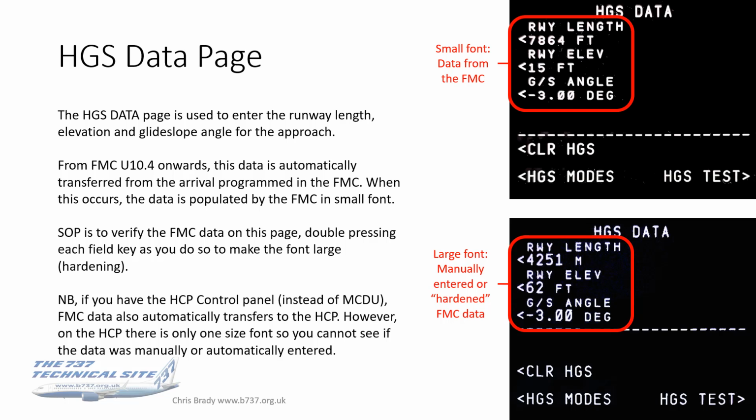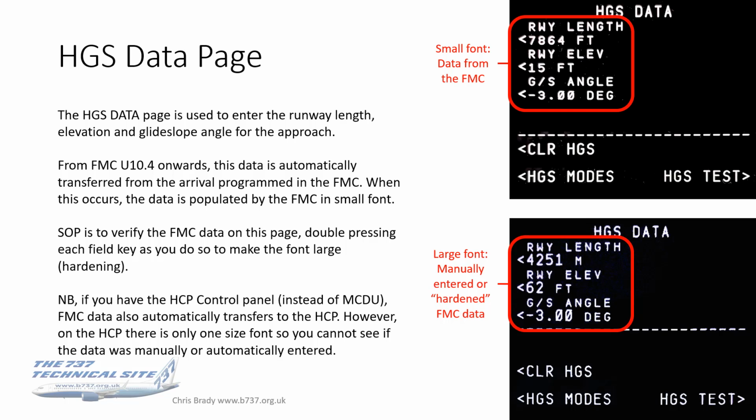From FMC update 10.4, the data was automatically populated from the arrival which you programmed in the FMC, so that was very handy and useful. The one thing I will point out is when the data is pre-populated by the FMC, it shows up in small font as per the upper photo.